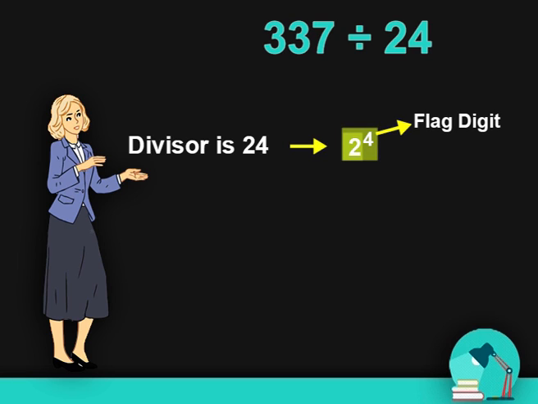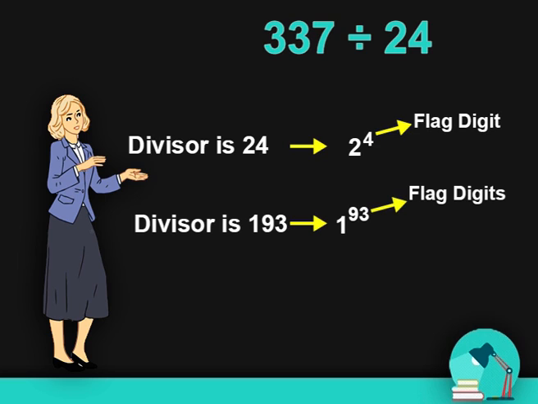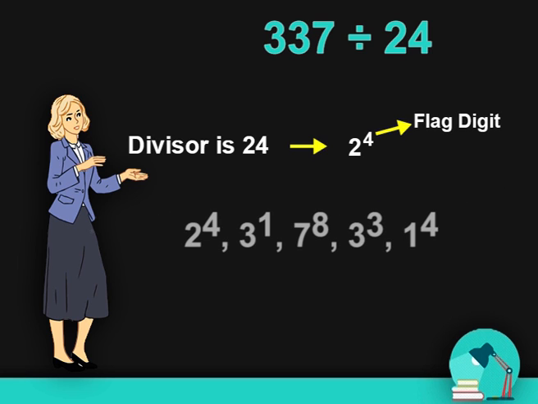The division will be done with 2 only. With a 2-digit divisor, there will be 1 flag digit. With 3-digit divisors, there will be 2 flag digits. In this section, we will be dealing with 2-digit divisors only.